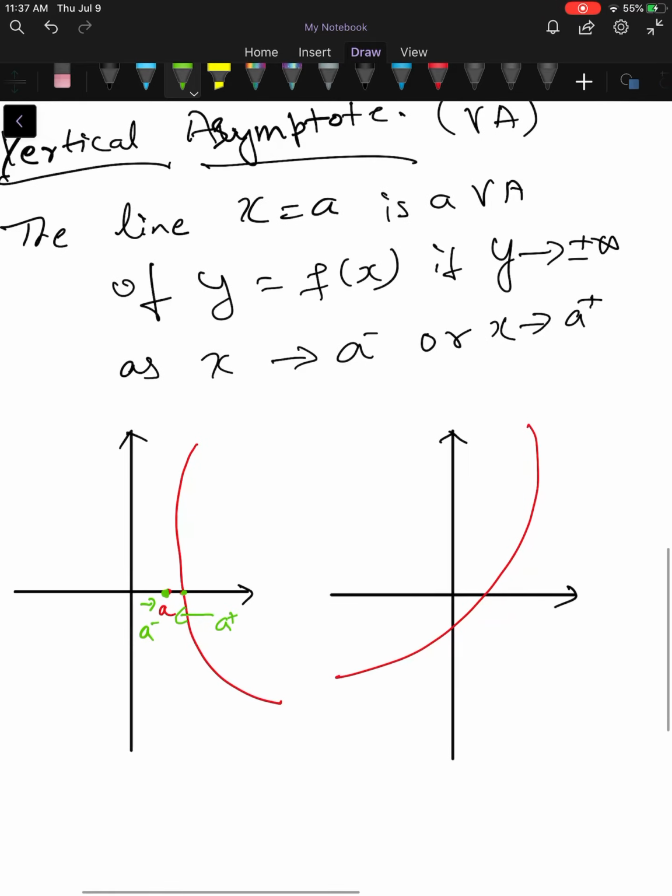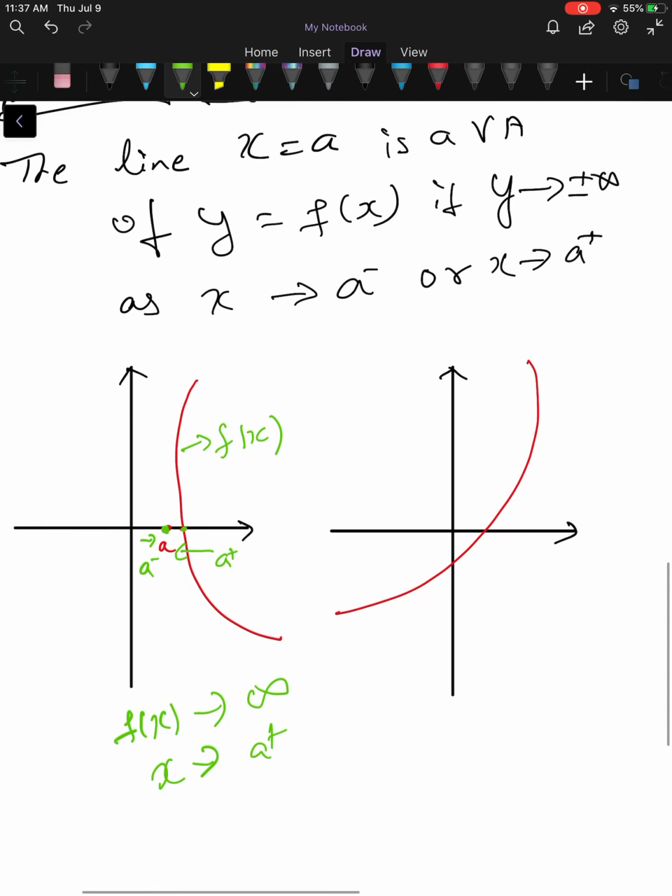So you can see that f of x, the red curve, is tending towards infinity as x tends towards a plus.